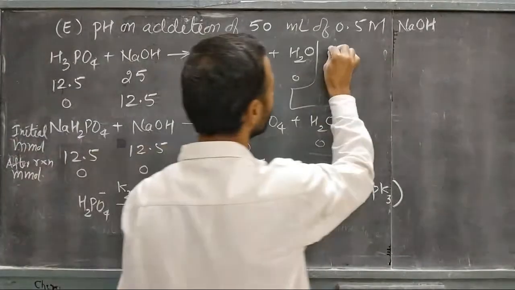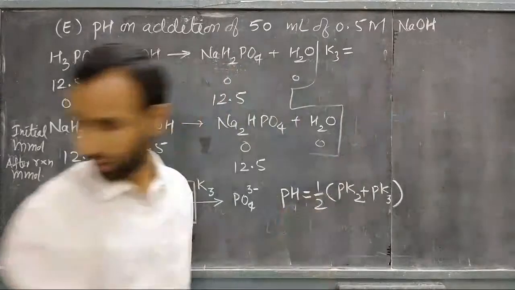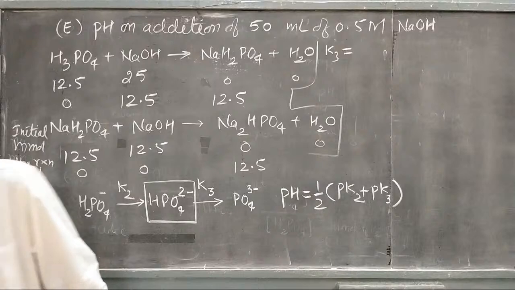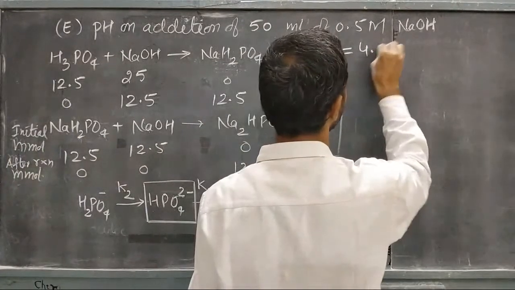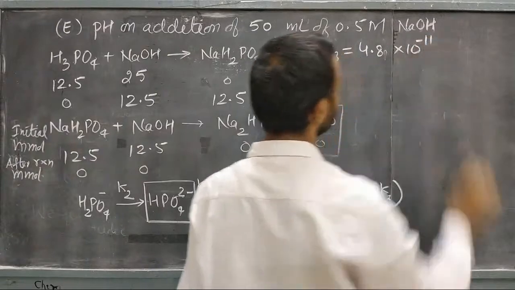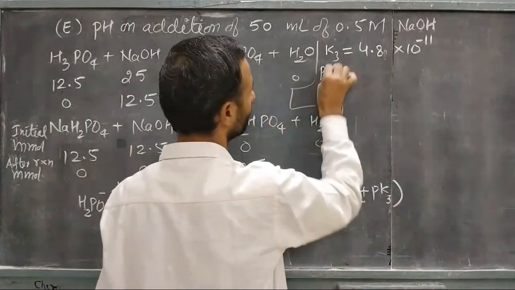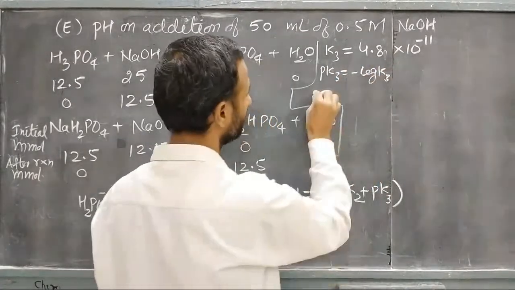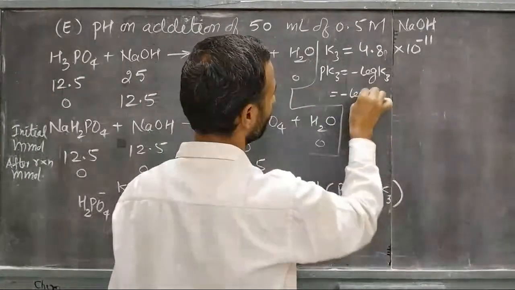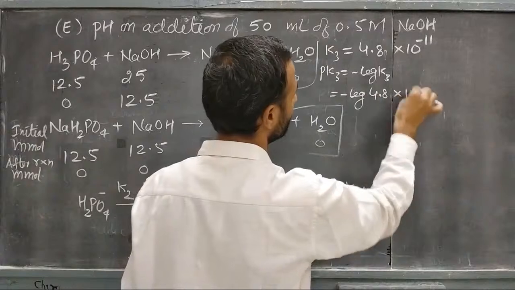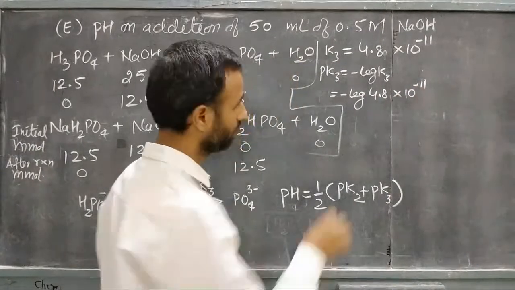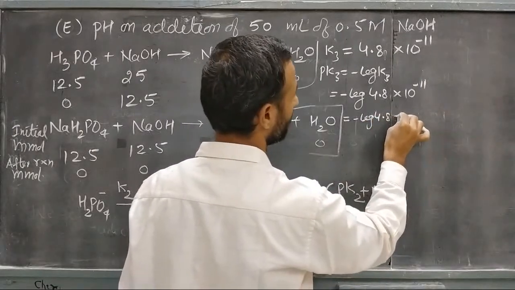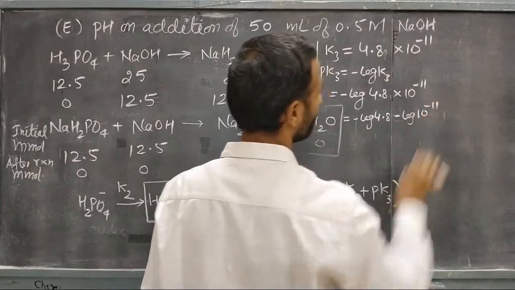Okay, so now you know K3. What is the value of K3? K3 was 4.8 into 10 raised to minus 11. So pK3 equals minus log of K3, that is minus log of 4.8 into 10 raised to minus 11, which means minus log of 4.8 minus log of 10 raised to minus 11.